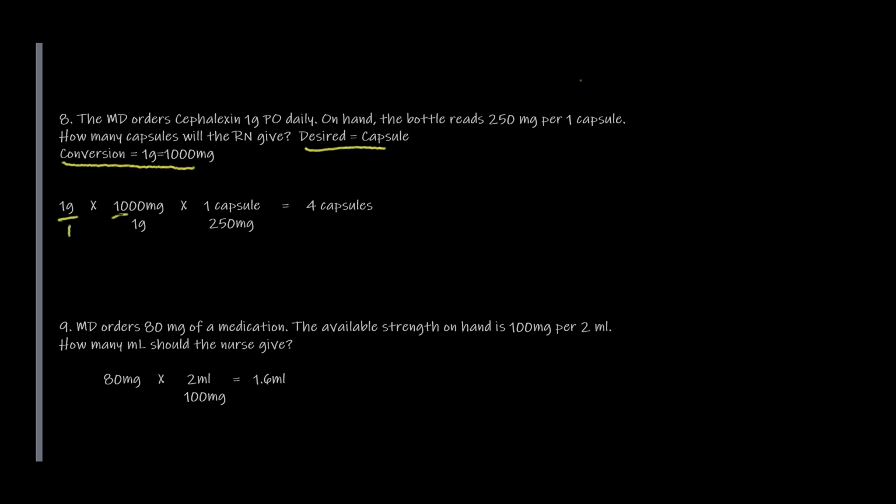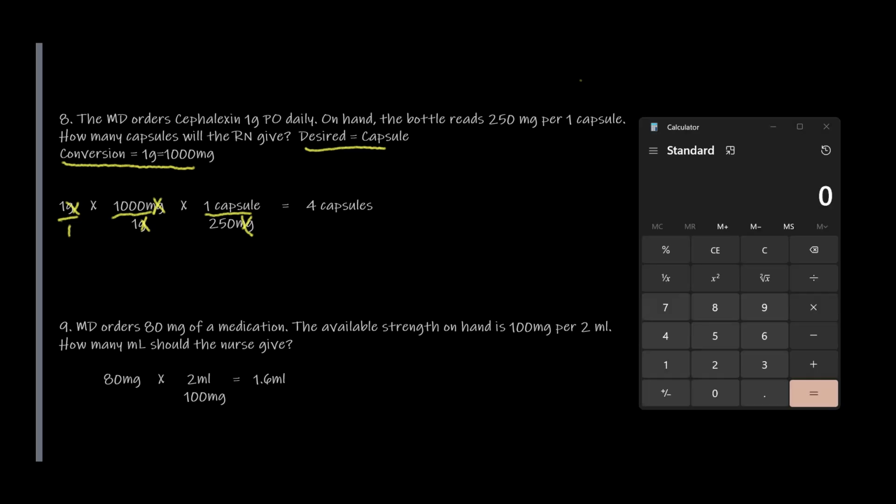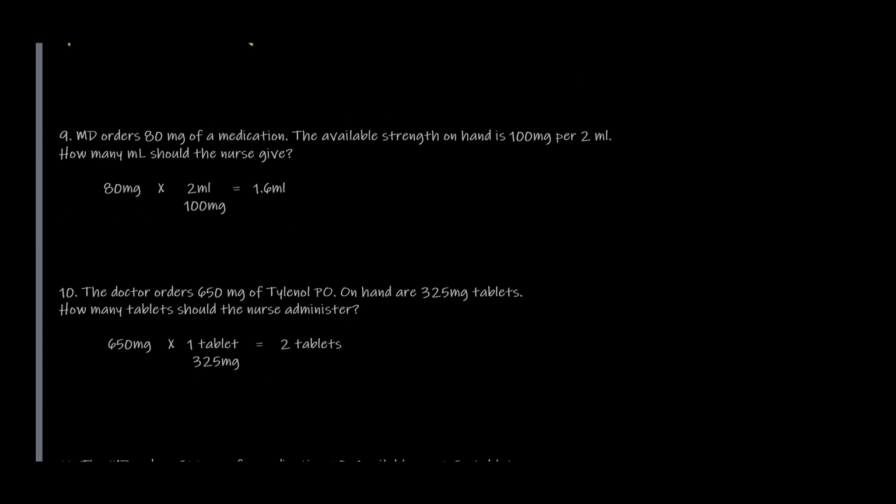I've set up the problem with the MD order over the placeholder 1 times the conversion factor, 1,000 milligrams over 1 gram, times what we have available, 1 capsule per 250 milligrams. Grams cross-cancel as we work diagonally, milligrams cross-cancel. We're left with capsules. We multiply across and divide. 1,000 divided by 250 gives us 4 capsules for our answer.